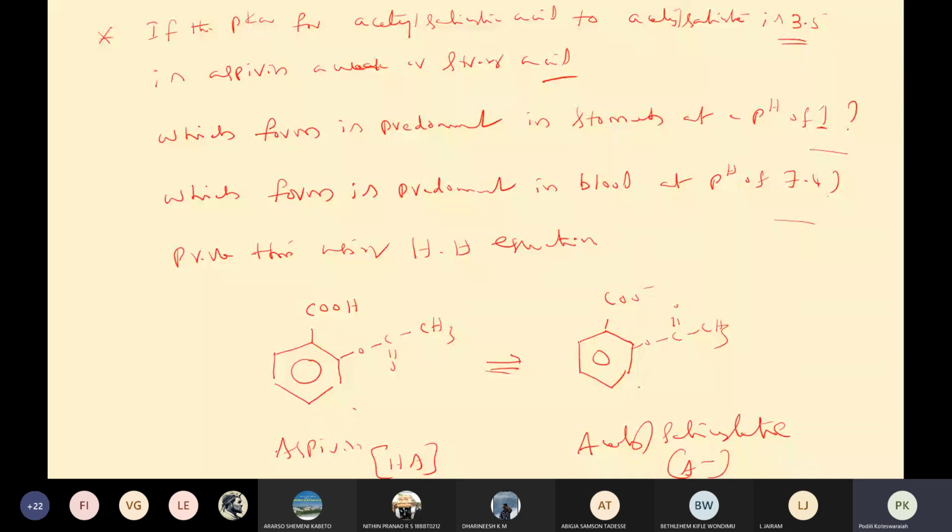So totally what we need to find out: at pH 1, which form is predominant, this or this? At a pH of 7.4, which form is predominant? First we will start with the stomach, where the pH is 1.